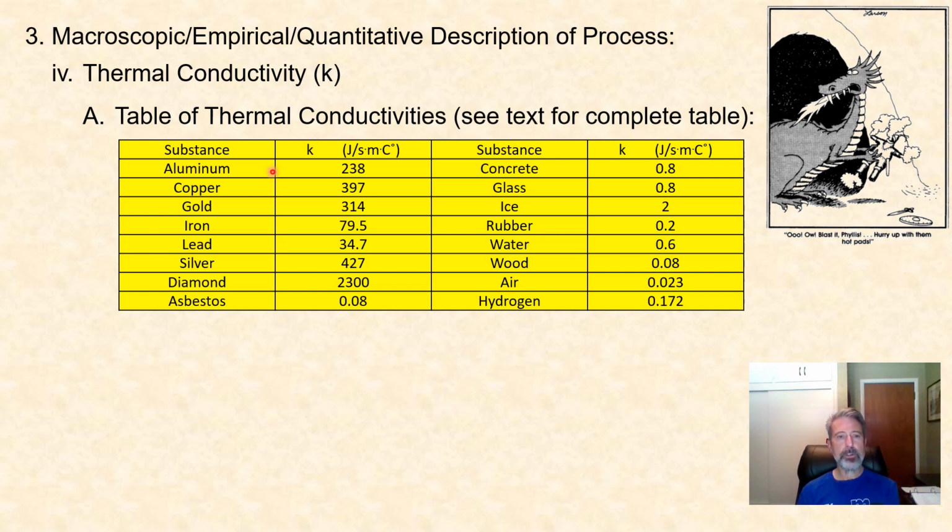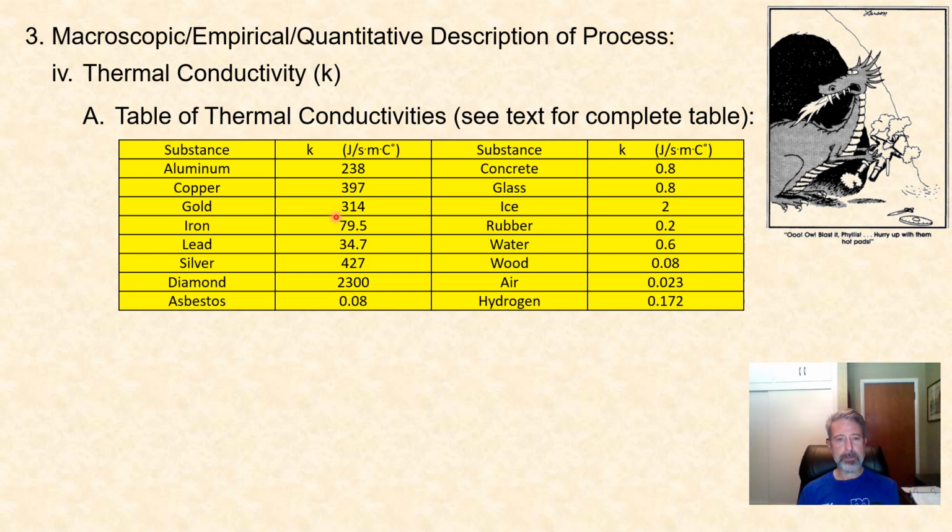And you'll notice here in the upper left-hand portion of the table, we have some metals. And you'll see that in comparison to the other materials, metals tend to have high values of thermal conductivity constants, which means that the rate at which metals can transfer energy via thermal conduction is better than for most other materials.